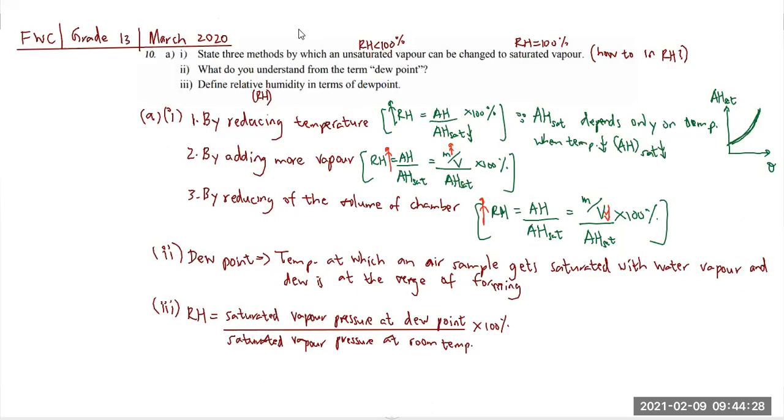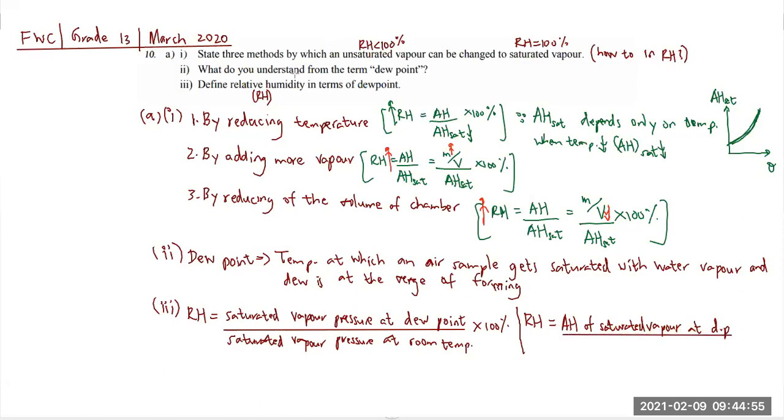That is one. And not only this, if you can state that in terms of pressure, you can also state that in terms of absolute humidity as well. So you can write here, AH of saturated vapor at, again, dew point. I'll just put dP for the time being, dew point, and that must be divided by the same thing.